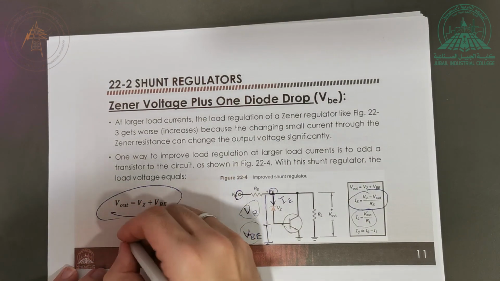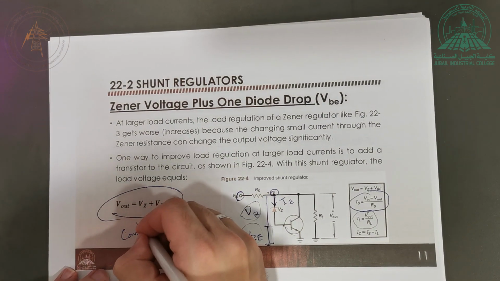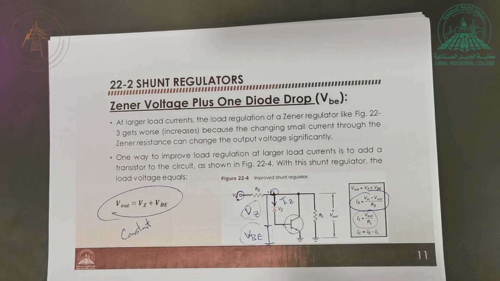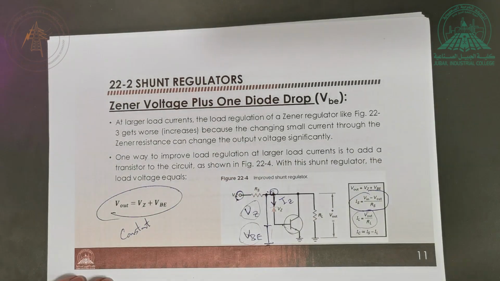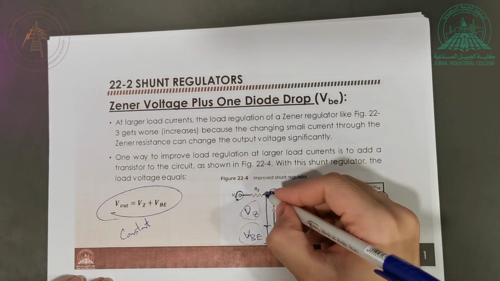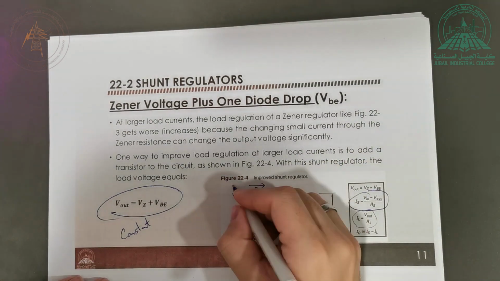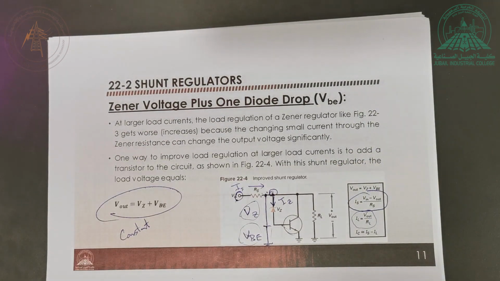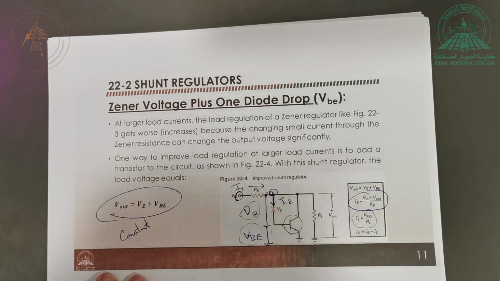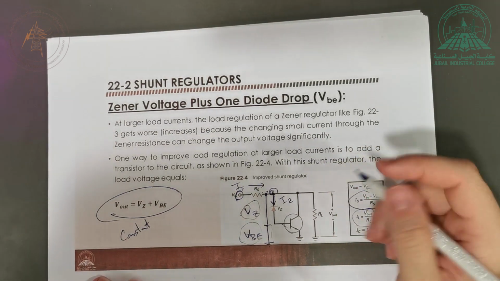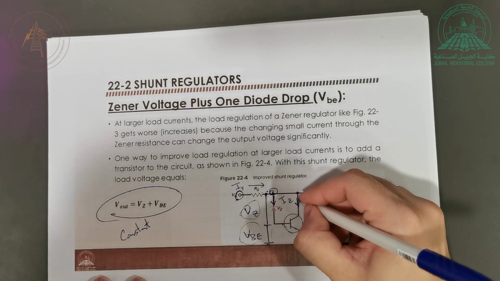That's why V out is still constant. Regulated, right? This is what we want. That means that IS is also constant. But right now we have a new current. We actually have two currents.